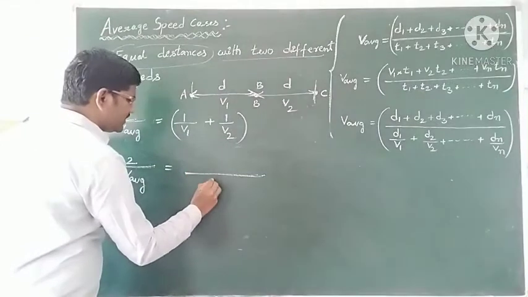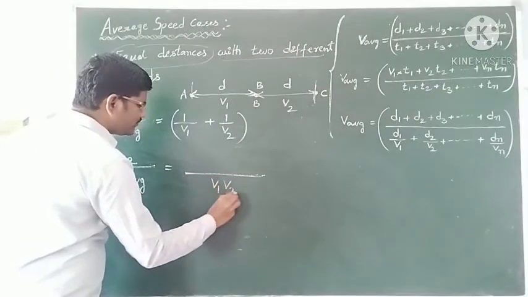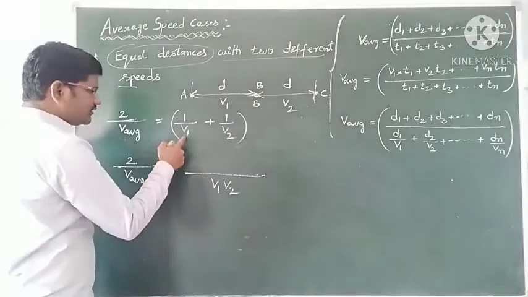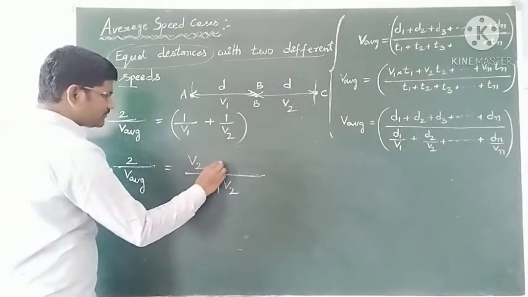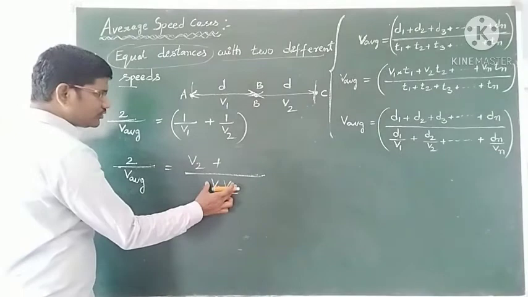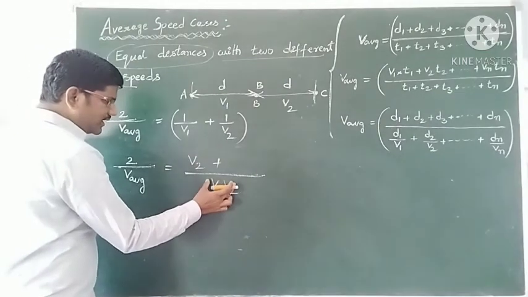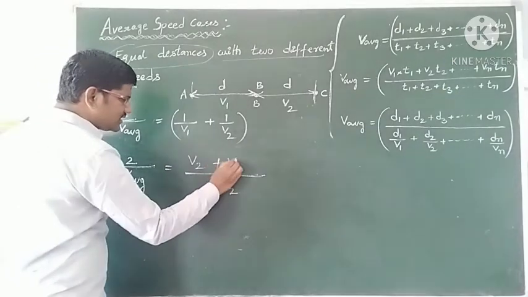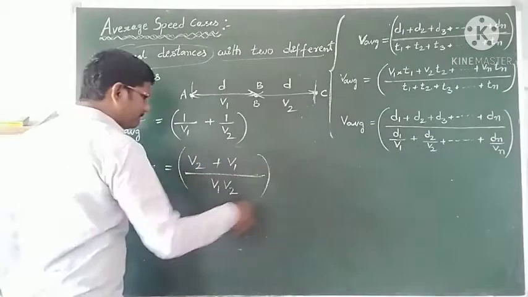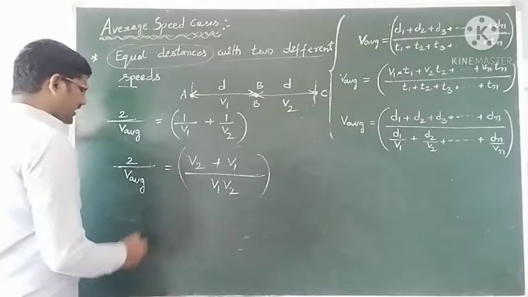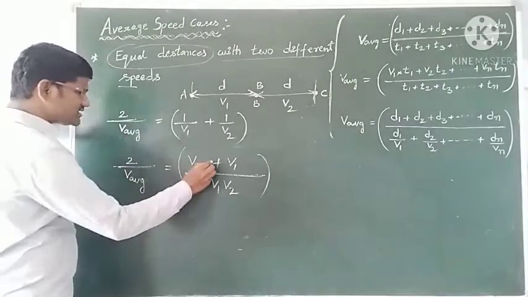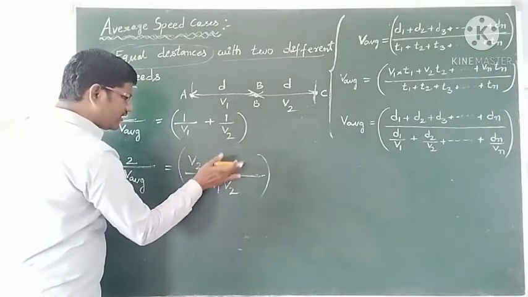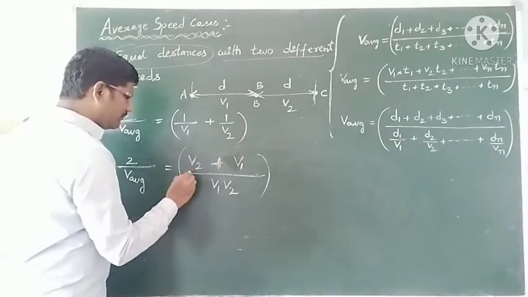So the LCM is V1 V2. Here V1 is there, V2 is left, plus V1 V2, which gets cancelled by V2, so you will get V1. Okay students. So 2 by V average is equal to V2 plus V1 by V1 V2.